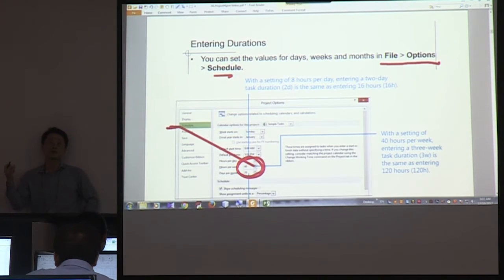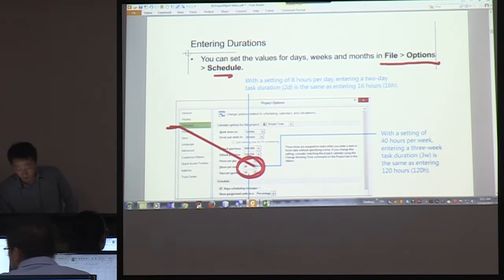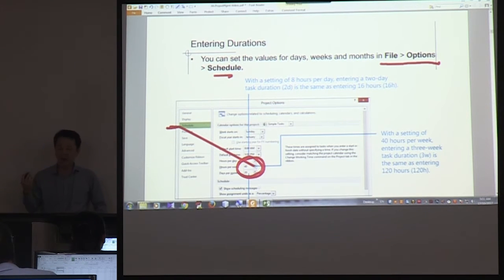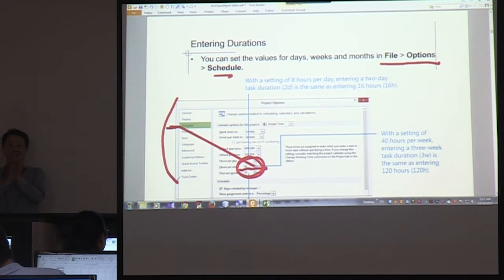For example, if you want to change hours per week, currently the default is 40 hours here. If we want to change that value to 50 hours, you can change it in these options. Okay, that's where you can change the value set for day, week, and month.